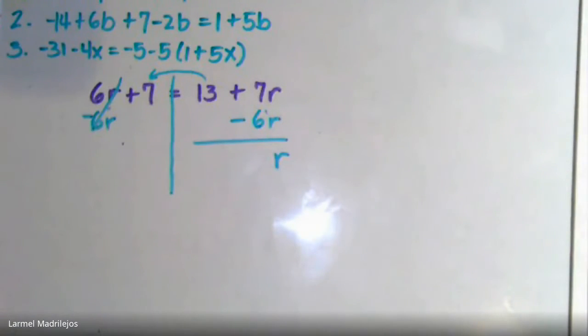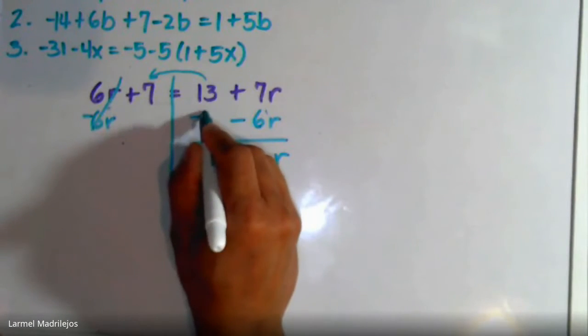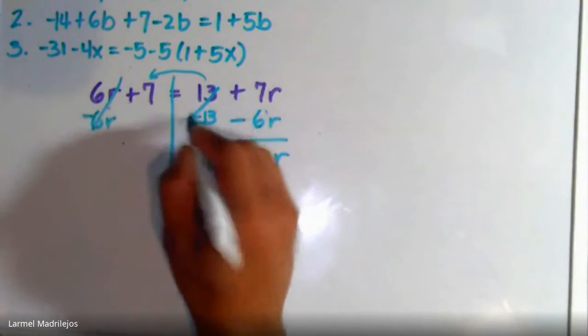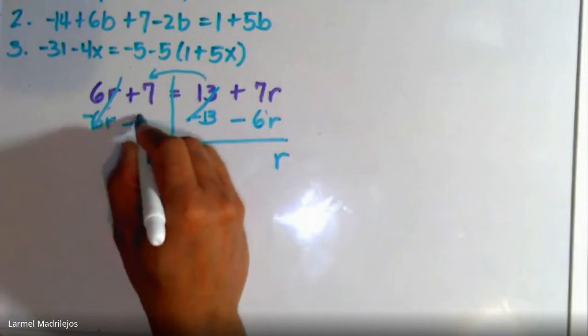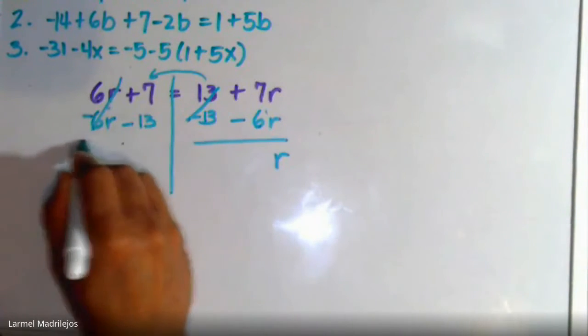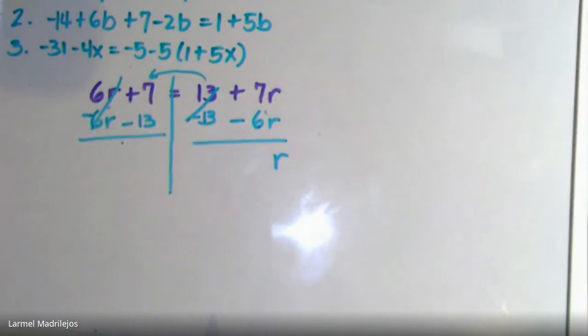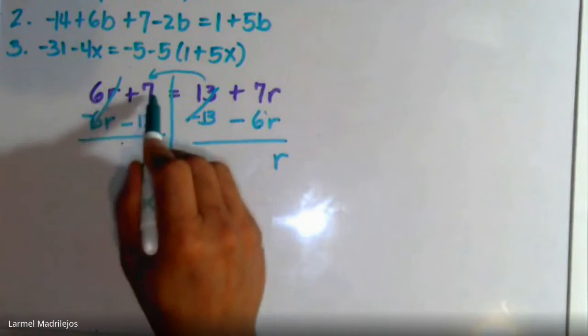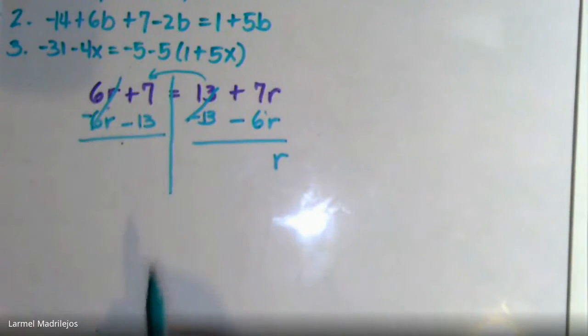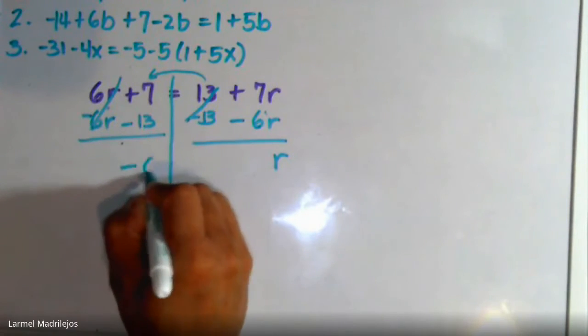Remember, if we're moving numbers to the other side of the fence, we're changing the sign. So I'm going to subtract 13 here to zero out, minus 13 here. So this time I have plus 7 minus 13. My answer here is negative 6.